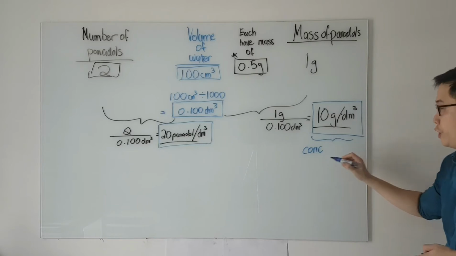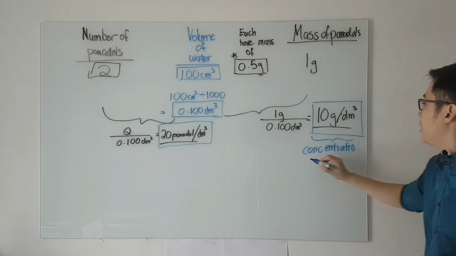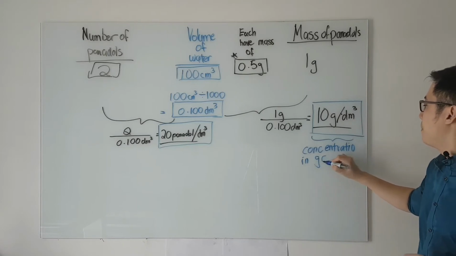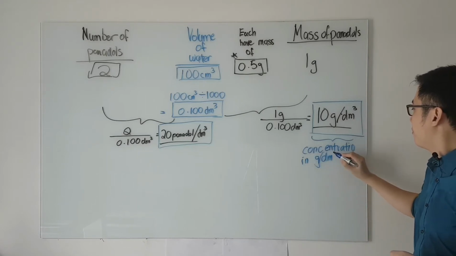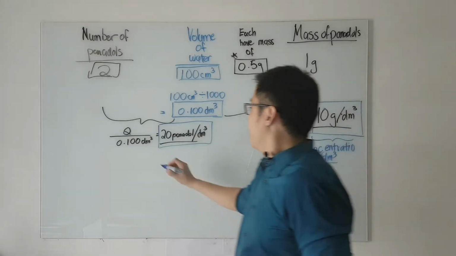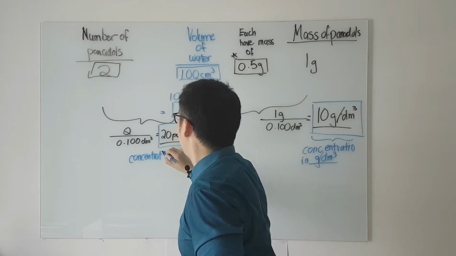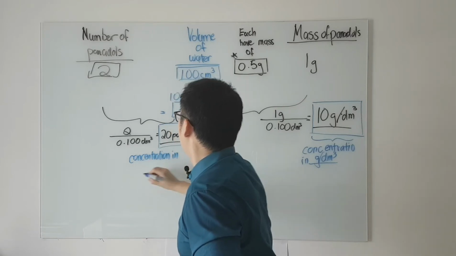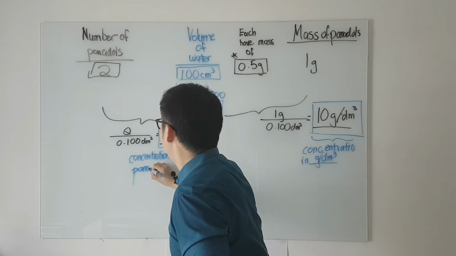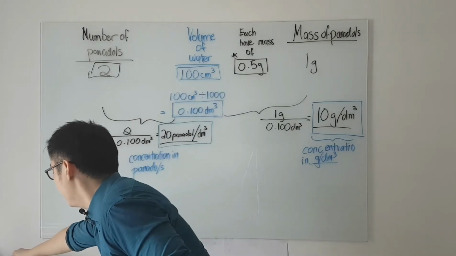Over here it is concentration in grams per dm cube, while over here it is concentration in Panadols.